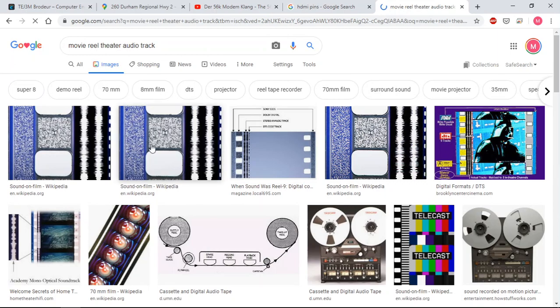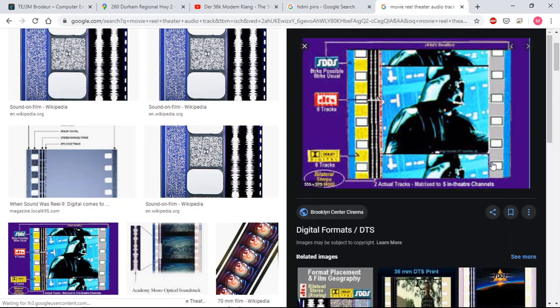There we go. Okay, so let's look at this, right? I'm not a movie guy, like a theater guy, so I'm not too sure about the amount of standards on those reels that exist. But I did remember hearing about this, that the sound is on one of the sides, okay?